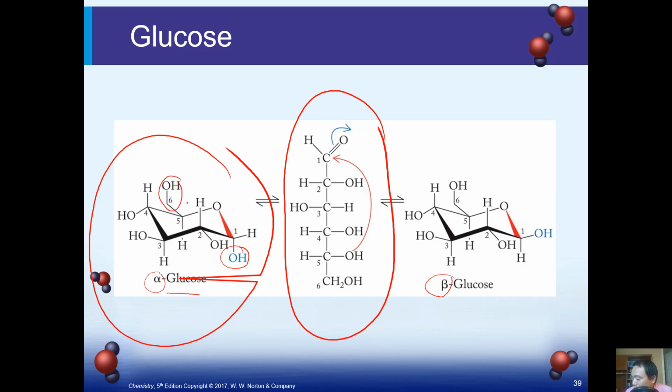Did you see carbon 5 over here? On carbon 5 you have CH2 and OH, right? So you are comparing the position of the carbon 1 hydroxide or OH group with the CH2OH, as you see over here. That's a CH2OH. If they are on opposite sides of the ring, then we call this alpha.